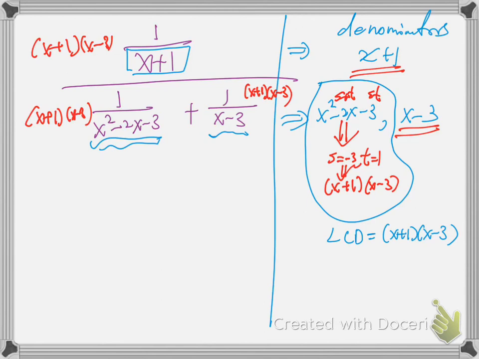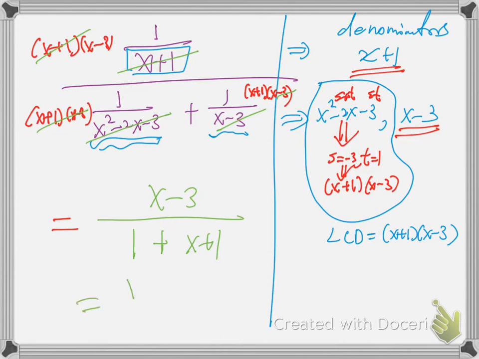Now let's cancel. This and that cancel, so we got x minus 3 on top. On the bottom, the product is x squared minus 2x minus 3. So it's 1 here plus that cancelled, x plus 1. So it's x minus 3 over x plus 2.